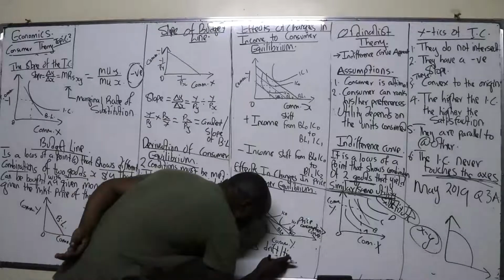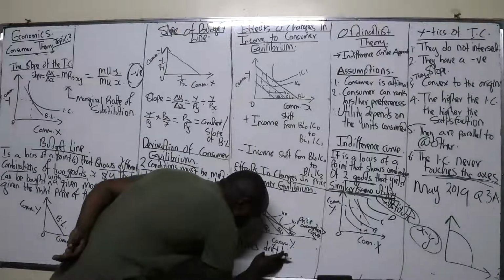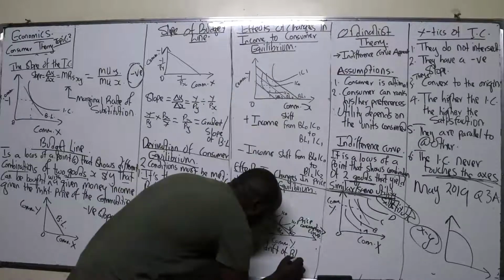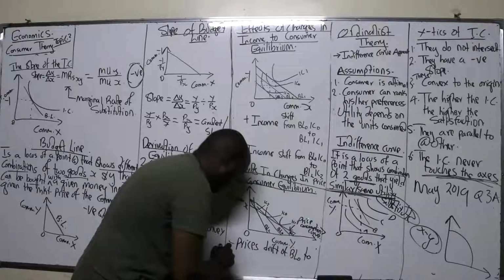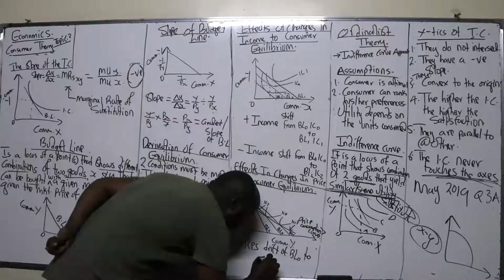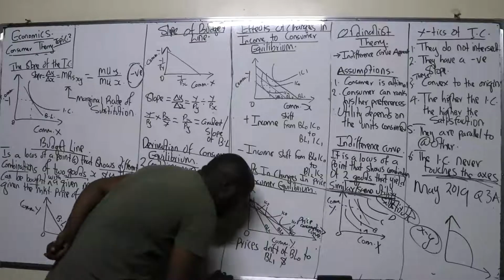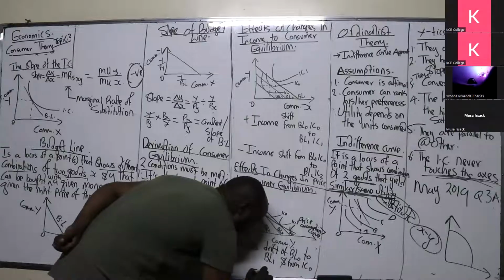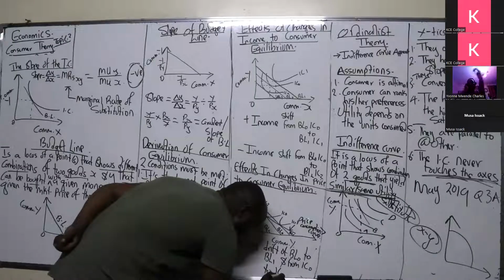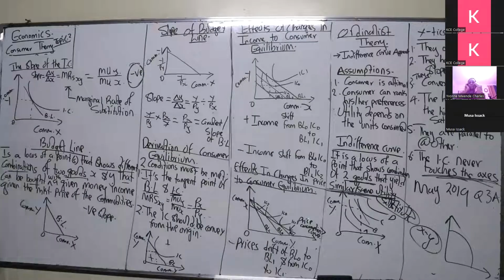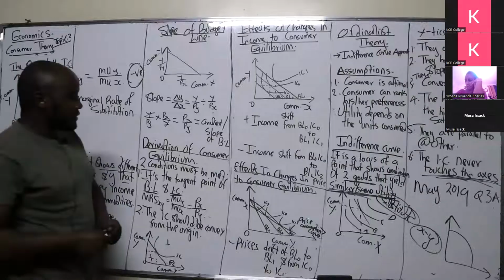Tilt of BL0 to BL1 with a decrease in price, from IC0 to IC1. Those are the effects of the changes in price to consumer equilibrium.